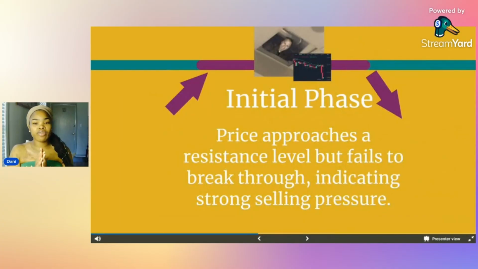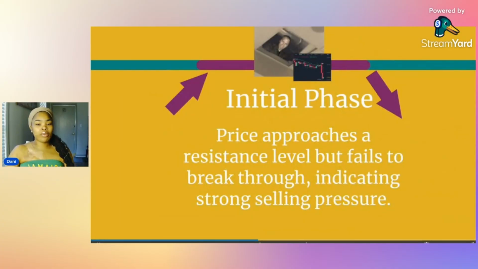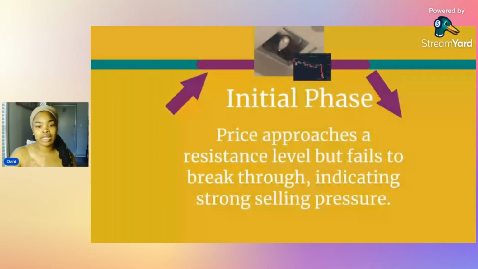So the initial phase of the break and close concept: price will approach a resistance level. Okay, it's coming from an uptrend. Price approaches a resistance level, but it fails to break through. The big institutional candles, they're like, yeah, we got some money over here. We're going down.